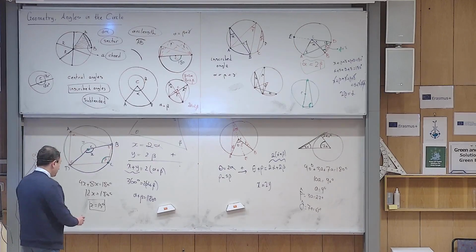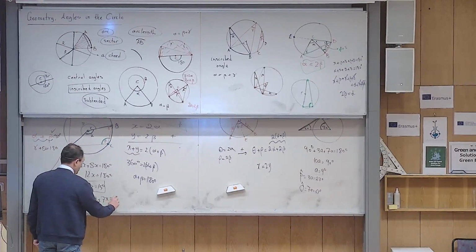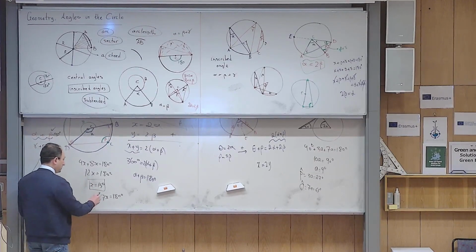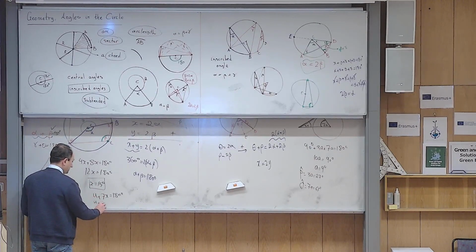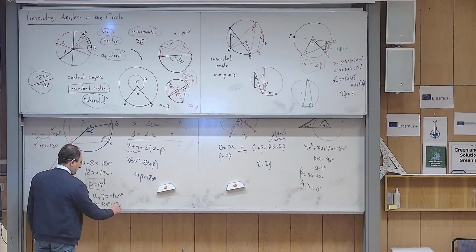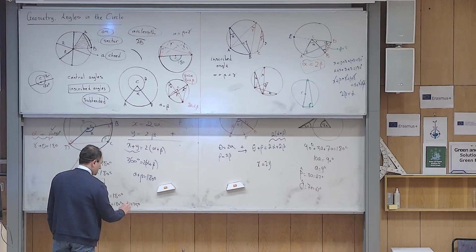So it becomes 7x, u plus 7x is 180. But I found x from the previous calculation, so I put it there. 7 times 15 degrees is what? 105. Then I am looking for u, so u becomes 180 minus 105, which is 75 degrees.